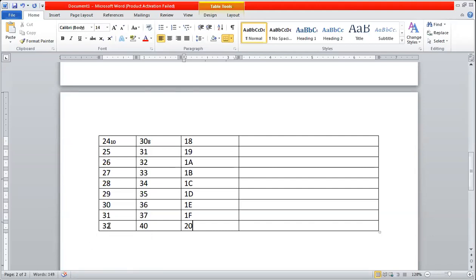So the decimal number 32 is represented as 40 in octal and 20 in hexadecimal number system. We have to write the base. The base is 16 here, here the base is 8, and here the base is 10. So this is very important. You should know all these numbers.